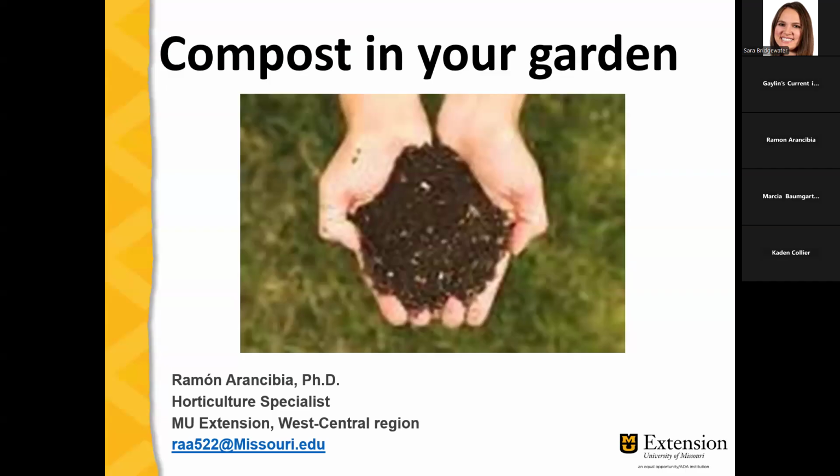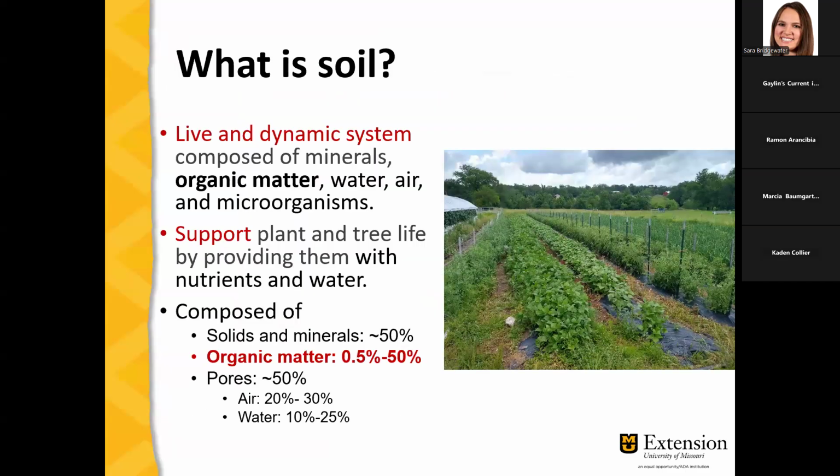The first thing, before getting into the compost itself, is to know what soil is and how compost can help in the soil. If we understand what soil is, what it's used for, and what it needs to be very good for growing plants, you need to understand that the soil is a live and dynamic system.